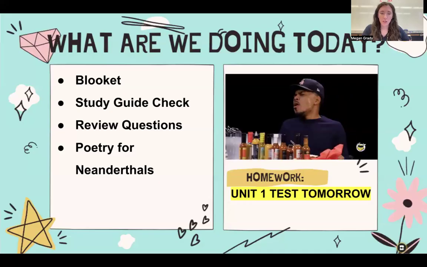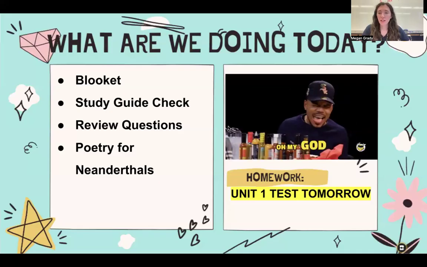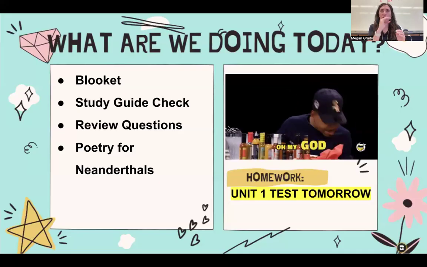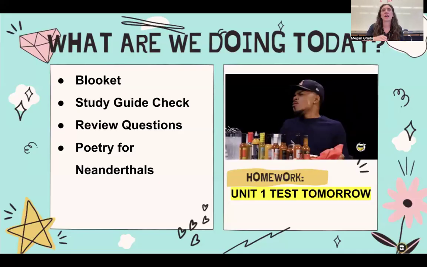The next thing that we're going to do right now, virtual me, is going to go over some review questions that we have on the test tomorrow. We have a couple of short answer questions, and those questions are grouped together almost. So there's 2 questions per number. For example, let's say number 15.